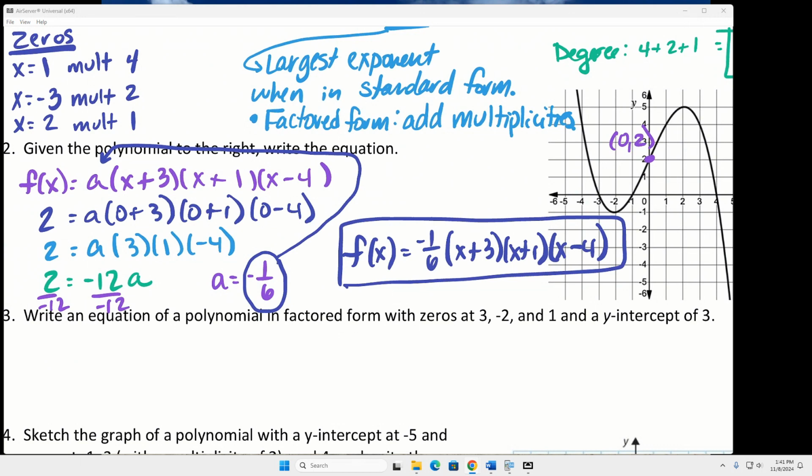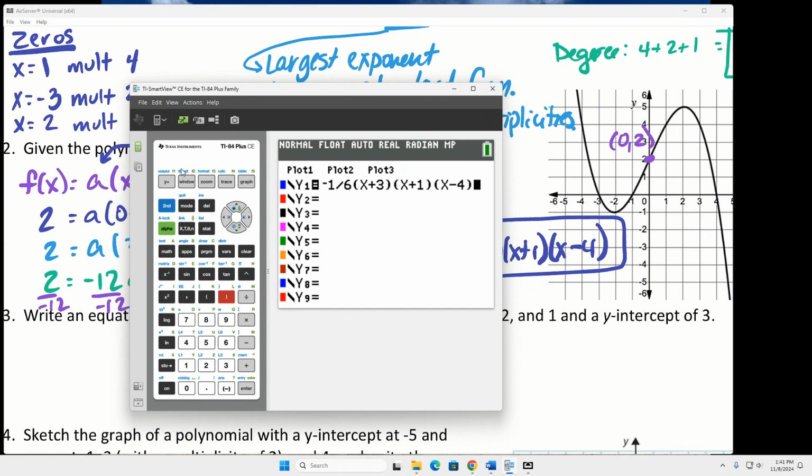And then if you wanted to, you can check that in the calculator. Let me just type it in real quick. All right, so there it is.